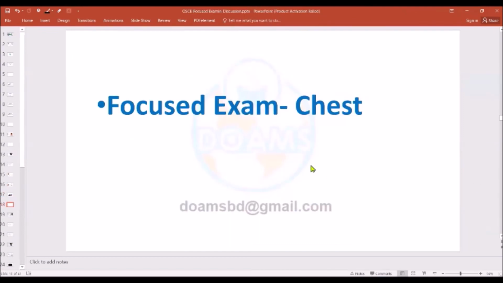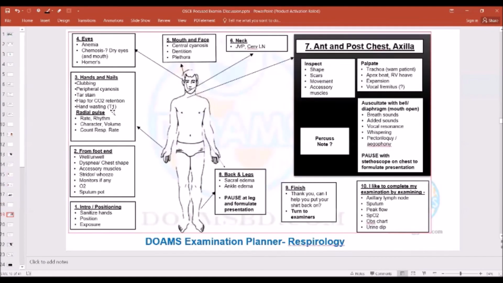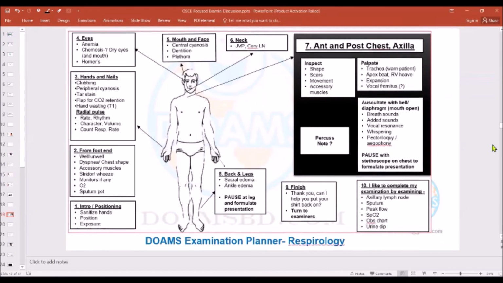So now, similarly, chest examination, suppose. It may be a plan starting from introduction up to the leg. You see 1, 2, 3, 4, 5, 6, 7. 7 is the chest. And 8, 9, 10. So the whole list can be given, but each and everything is not important for your focused examination plan. So we will not show you the video.